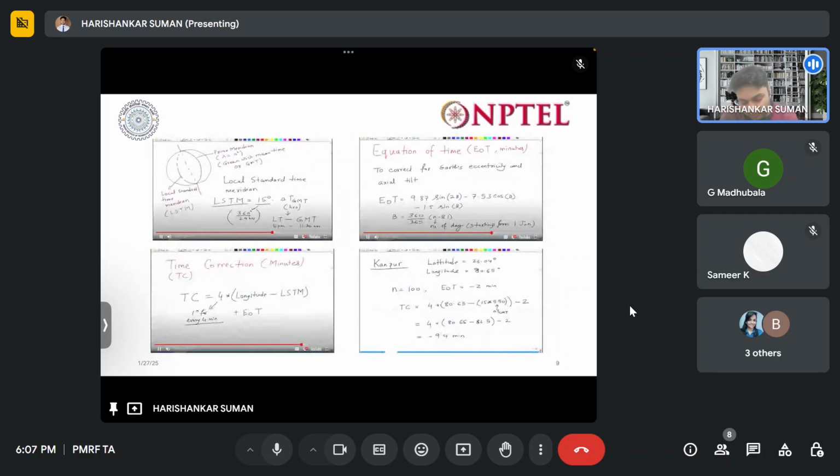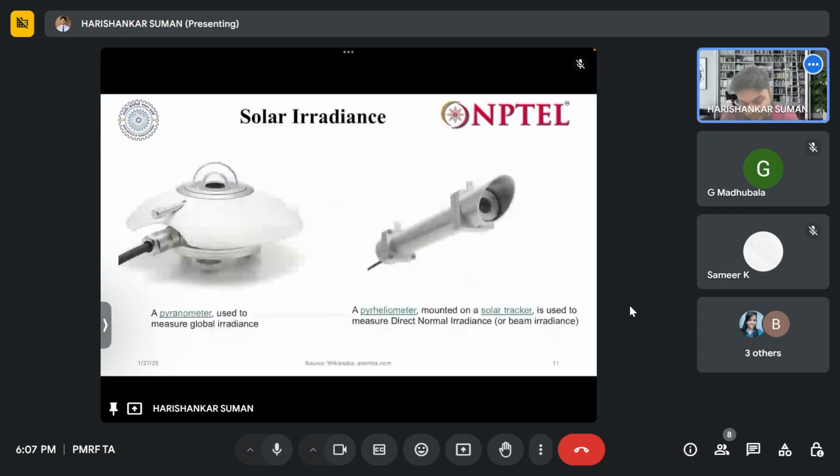So let me come to the question. I think this is almost the definition. So let's see the picture. How do we measure the global radiation? We will use a pyranometer for this, and direct normal irradiation is measured by a pyrheliometer mounted on a solar tracker.